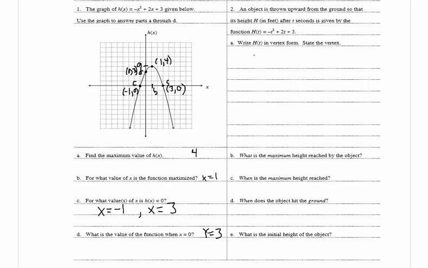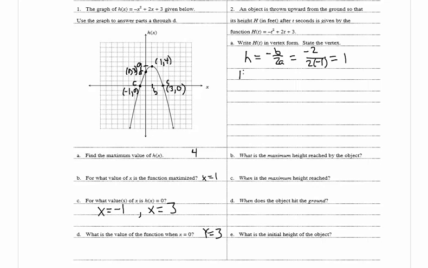The first thing we're going to do is find the x-coordinate of the vertex. So we're going to have h is equal to -b over 2a, which is equal to -2 divided by 2 times -1, which is equal to 1. Now we're going to evaluate our function at 1.